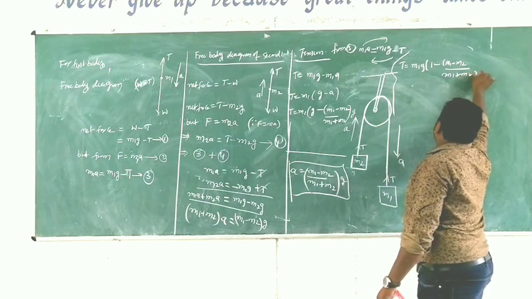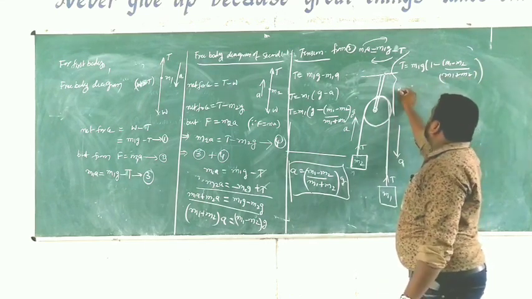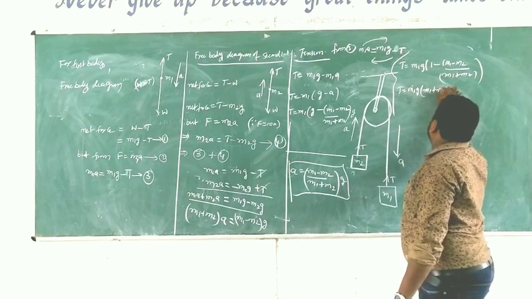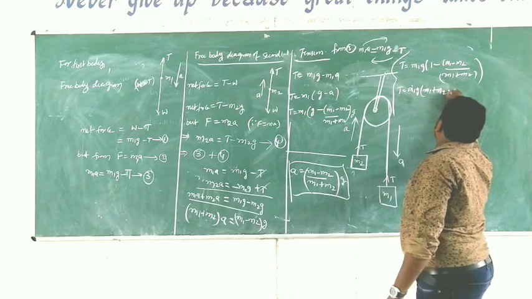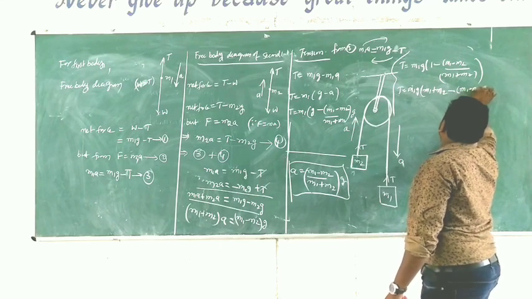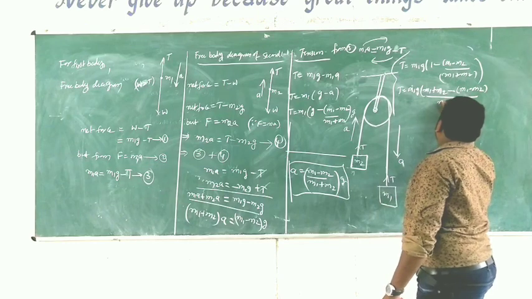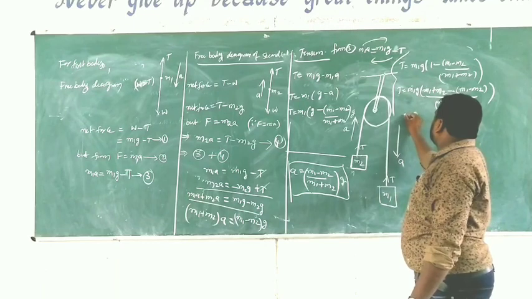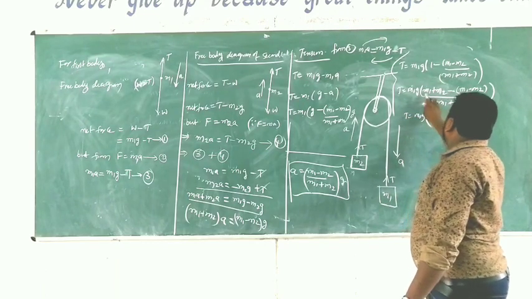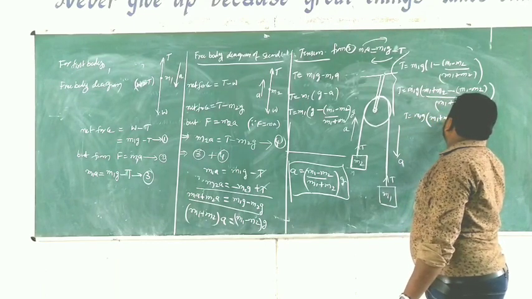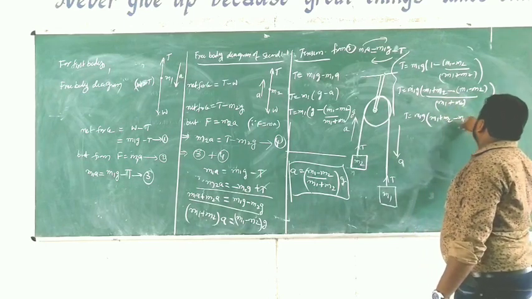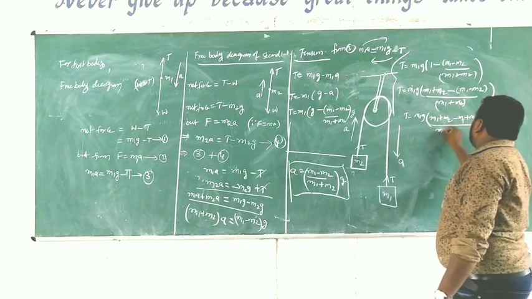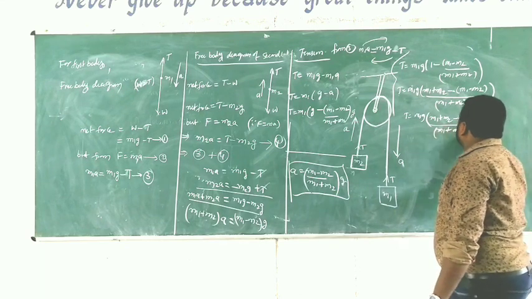M1 plus M2. Now LCM: T is equal to M1G into M1 plus M2 minus of M1 minus M2 by M1 plus M2. Then T is equal to M1G into M1 plus M2 minus of plus minus, and minus of minus plus, M2 by M1 plus M2.